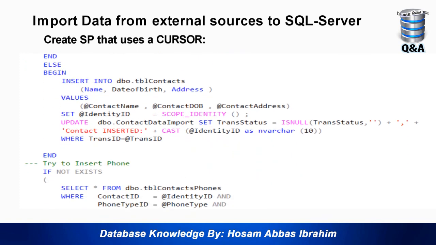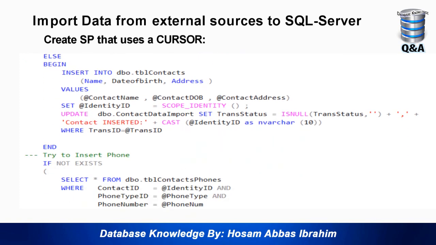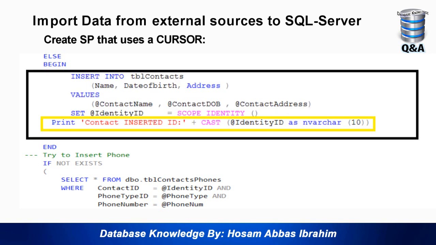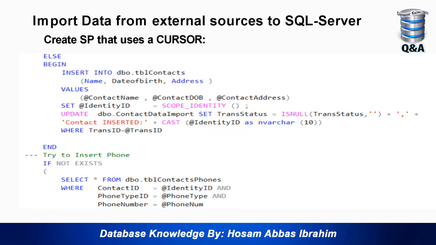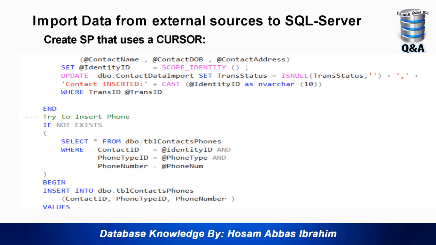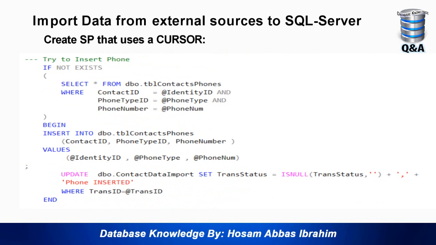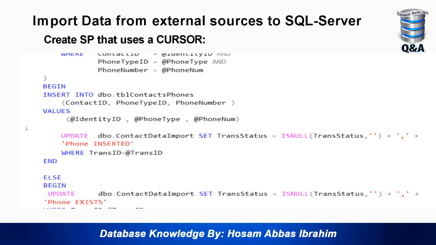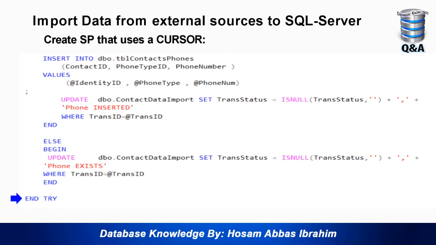Then I will continue, else if the contact does not exist, we insert it, and instead of print I will also move this to update the transaction status, take the previous status and add contact inserted to it, and this is end. Now I will try to insert the phone, same thing, and instead of print I will take the print and put it in the transaction status, all the way down until we reach the end try.